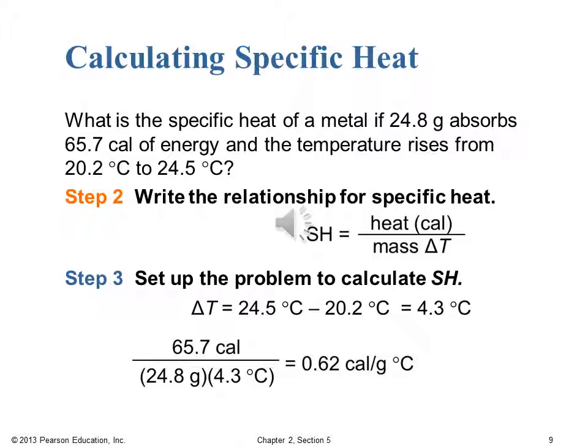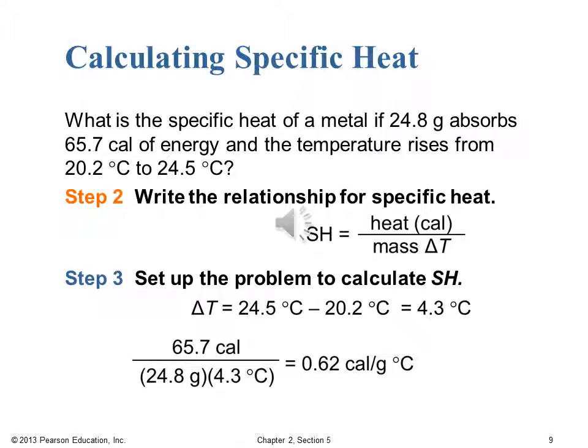And then if we take our 65.7 calories, divide by the 24.8 grams times the 4.3 degrees Celsius, we end up with 0.62 calories per gram degree Celsius. So we see that the sig figs are now limited to 2 sig figs because the subtraction rules told us we ended up with 4.3 based on the decimal place of least significance, the tenths place.